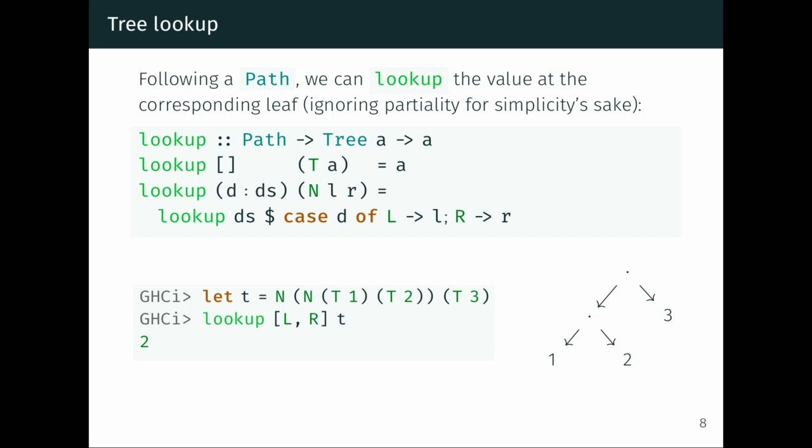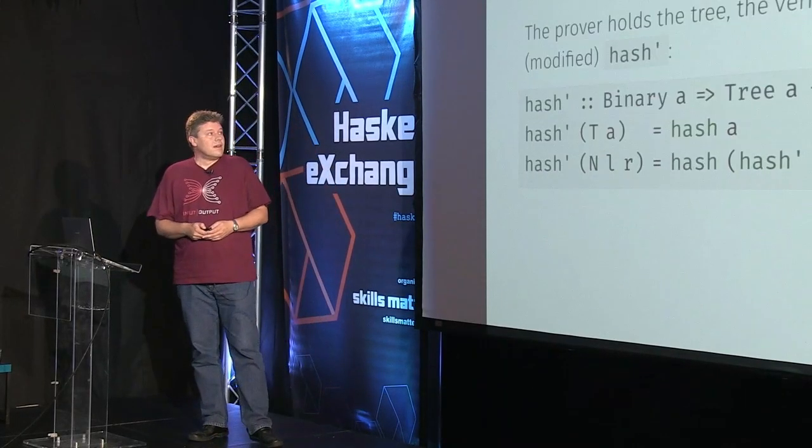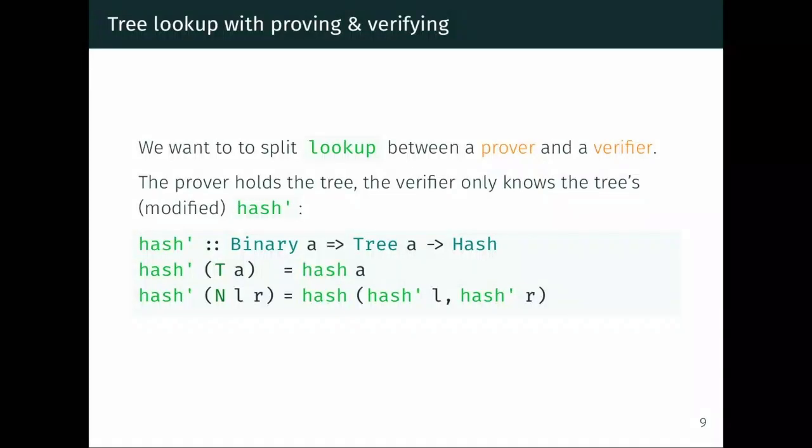So now let's change that so that it has this property. So following this Merkle idea, we define a hash prime function that hashes a tree. And if it's a tip, we just hash the value at the tip.